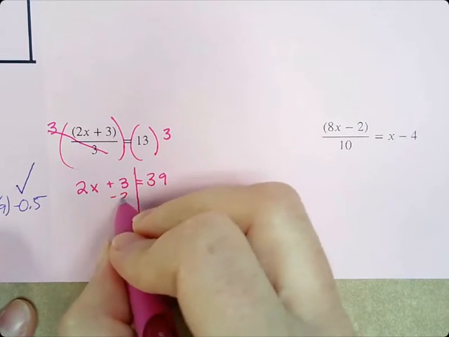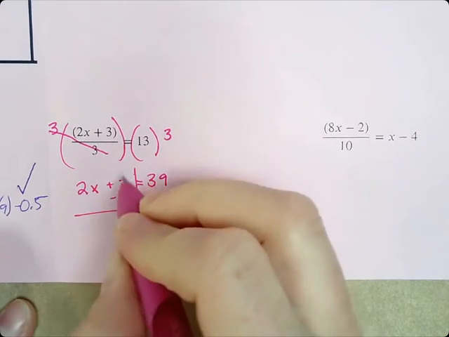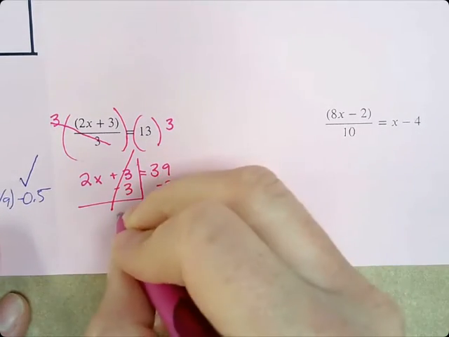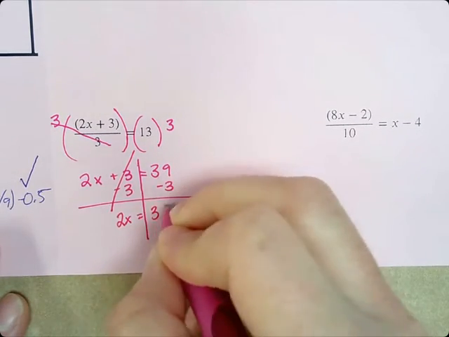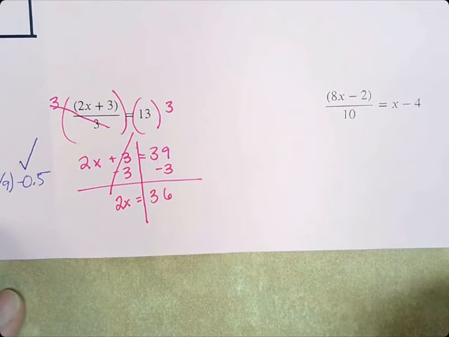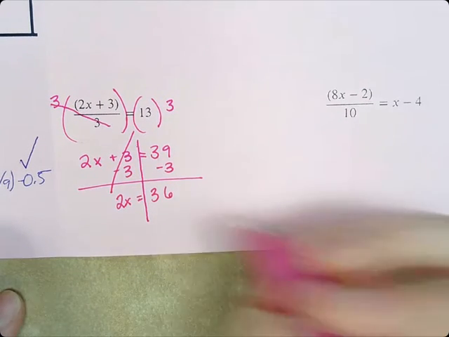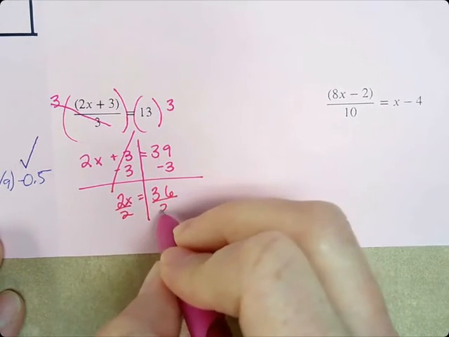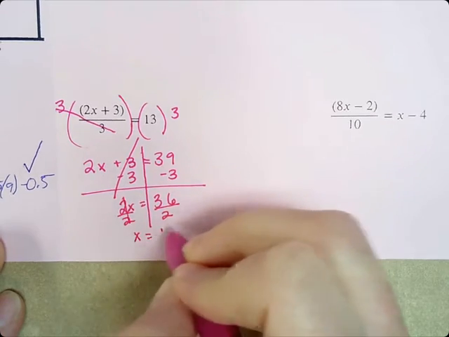And then we'll subtract 3 on both sides. Divide by 2. Yep, x equals 18.